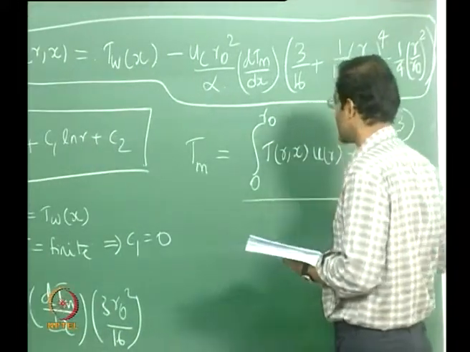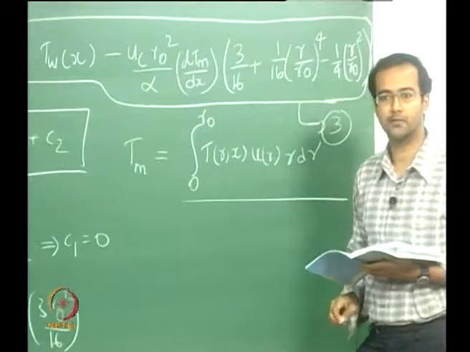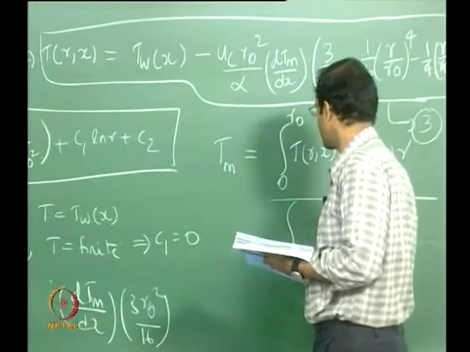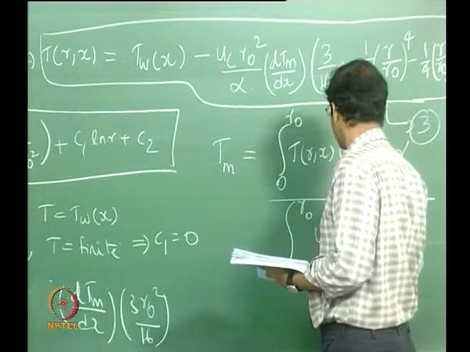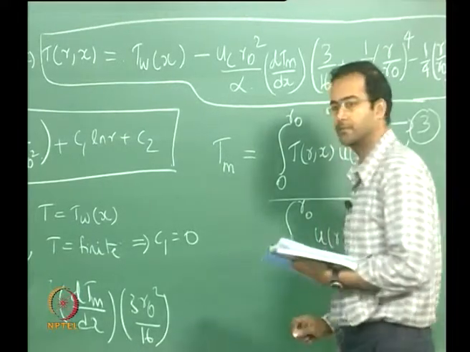In the denominator it has to be divided by the mass flow rate. So 0 to R naught, you have U of R into RdR.